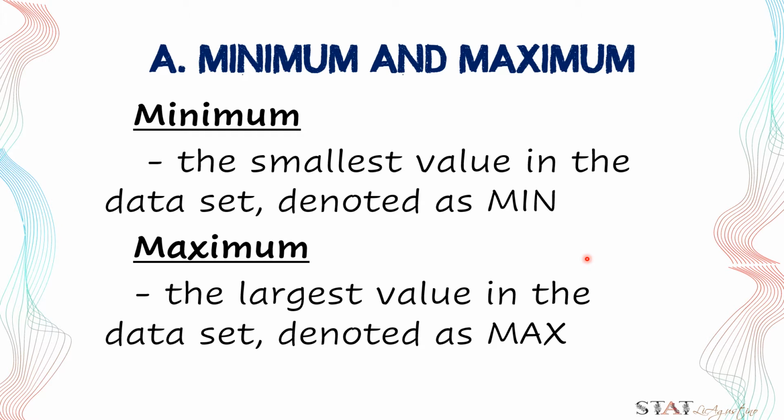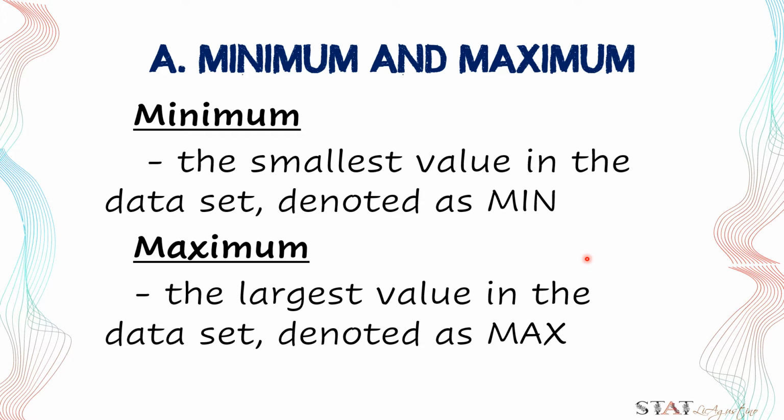For example, someone asks you, what is your minimum grade last semester? You say 84. Then you're just one step closer to being a dean's lister, right? So you already have an idea of the standing of that person with respect to the population or the data set.